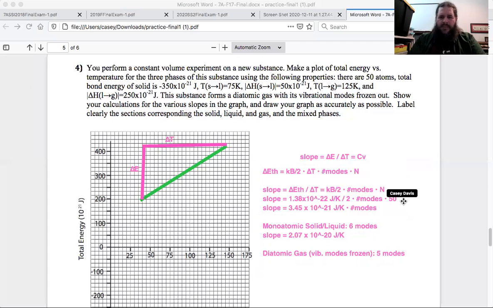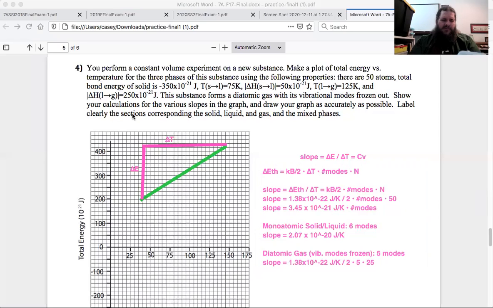Half that amount? Right. So we're going to need to rethink this. We're going to have slope equals 1.38 times 10 to the negative 22 joules per Kelvin divided by 2 times 5 modes per particle. But now instead of having 50 atoms, we have 25 molecules because the pairs of atoms have bonded together as molecules.